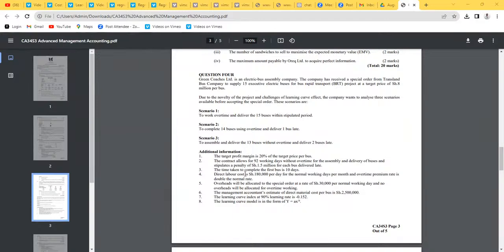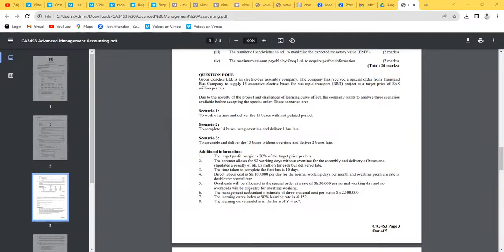The time taken to complete the first bus is 10 days. Direct labor cost is shillings 180,000 per day for the normal working days per month, and overtime premium rate is double the normal rate. Overheads will be allocated to the special order at the rate of 30 shillings per normal working day, and no overhead will be allocated for overtime working.